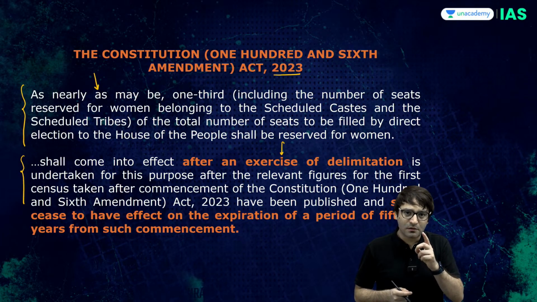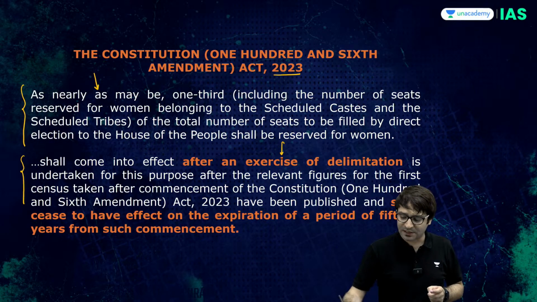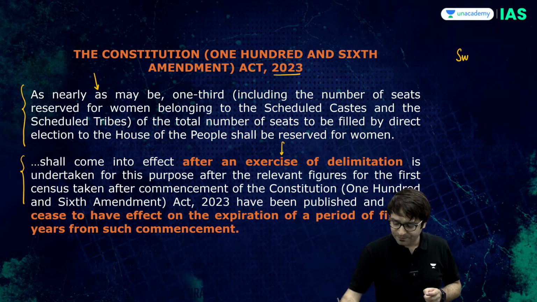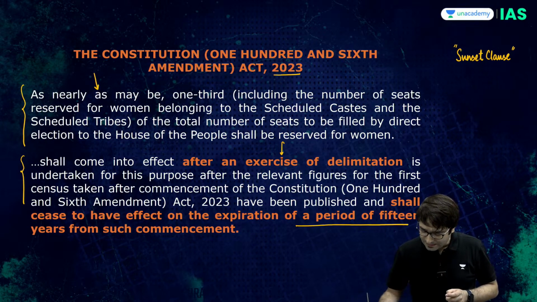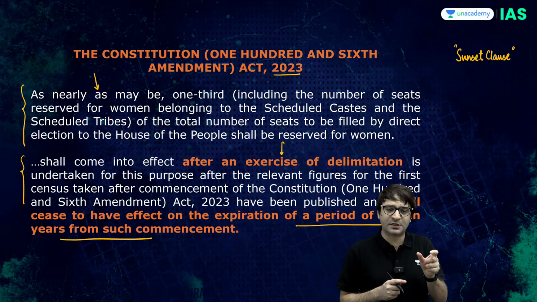And this law, a constitutional amendment, has a sunset clause as well. What is that sunset clause? The law itself says that this women's reservation shall cease to exist 15 years from the date of its commencement.